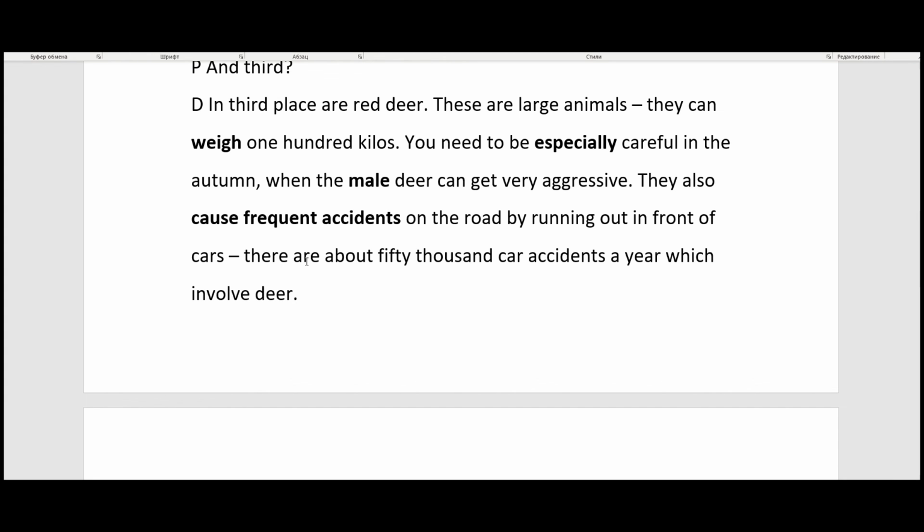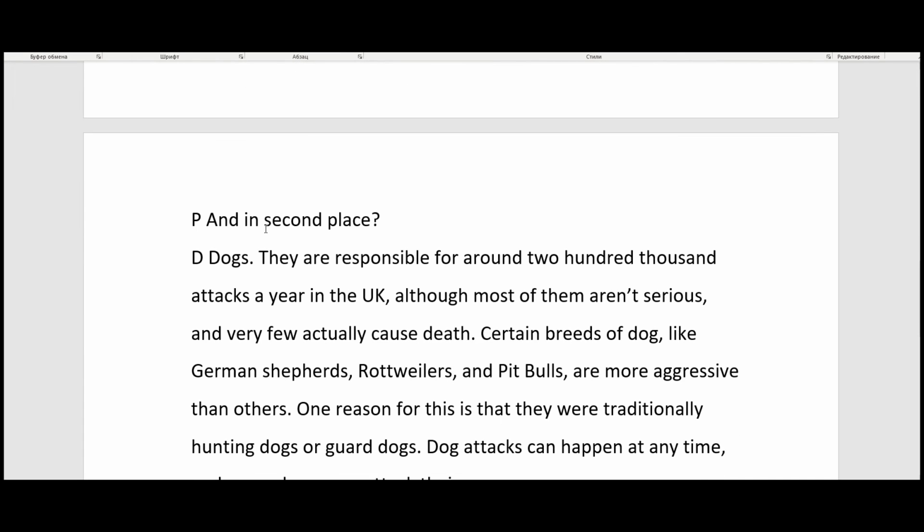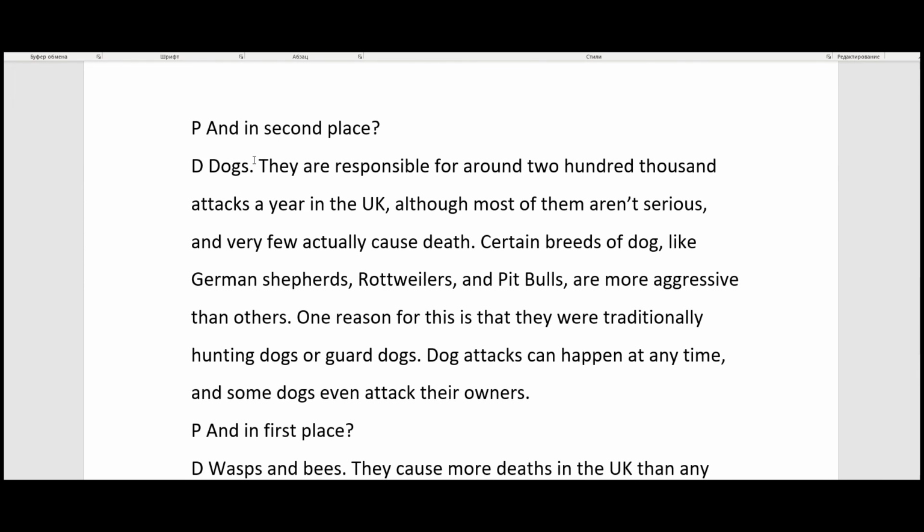И, получается, существует около 50 тысяч аварий в год, в которых так или иначе involve, это имеется в виду, вовлечены олени. Так, и на 2 месте собаки. Они ответственны, responsible, за около 200 тысяч атак в год в Великобритании.